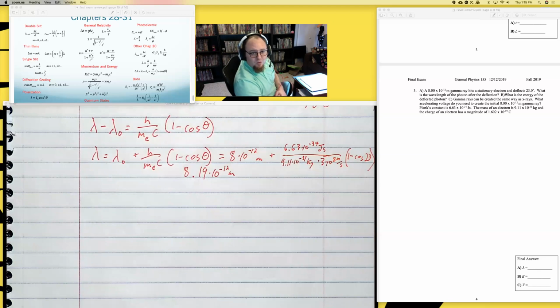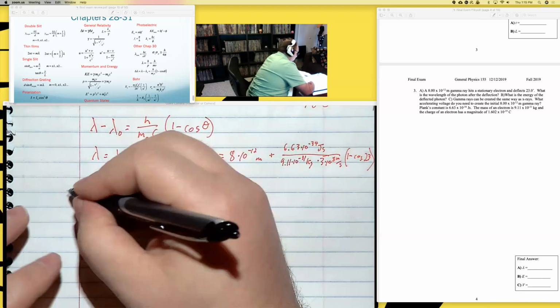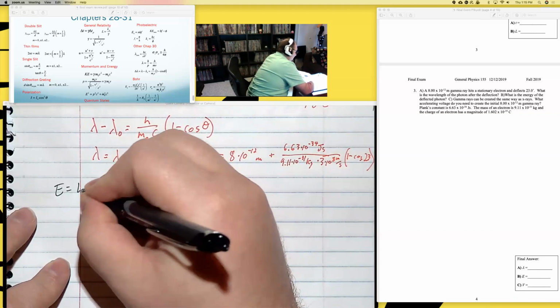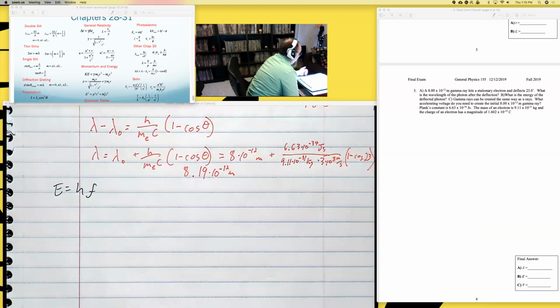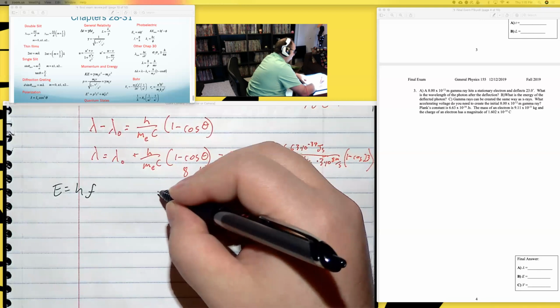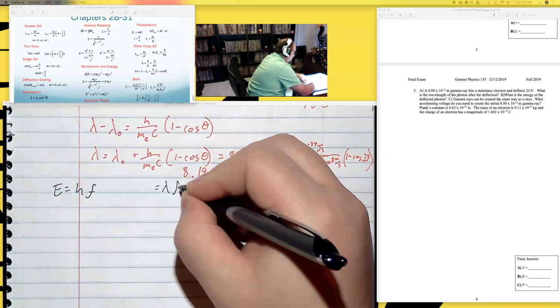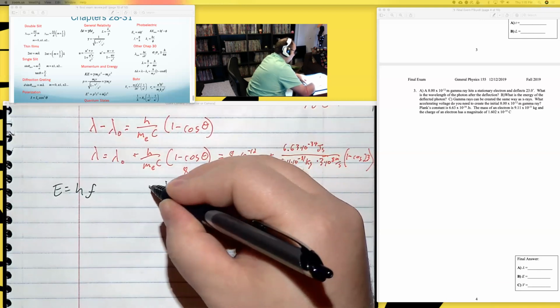B, what's the energy of that photon? This will show up in some way, shape, or form, the energy of a photon. That's going to be on here somewhere. The energy of a photon is Planck's constant times frequency. The problem is, I don't know frequency. I know wavelength. But here's the other thing I know. For any wave, the velocity of a wave is wavelength times frequency. And for light, the velocity of the wave is c.